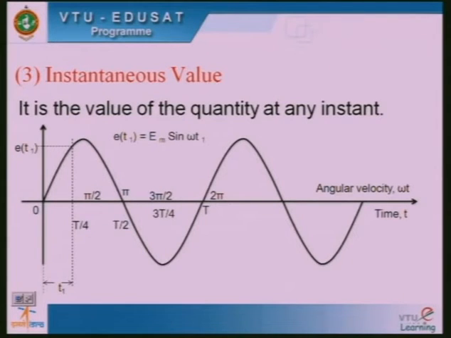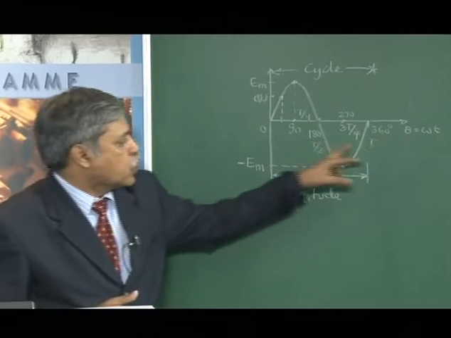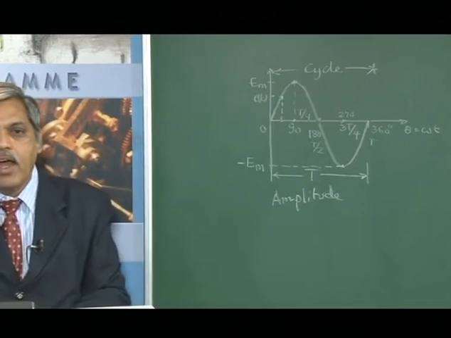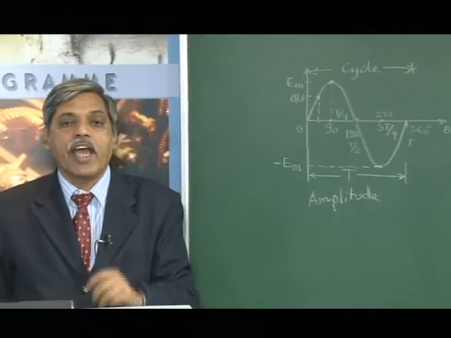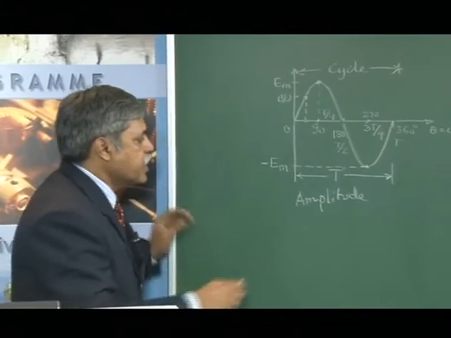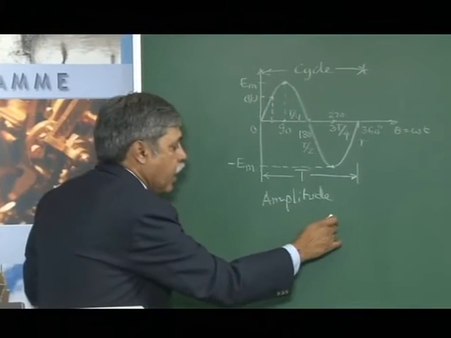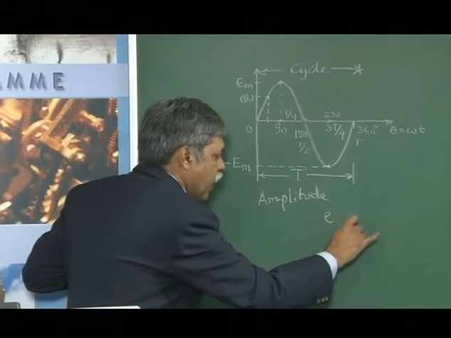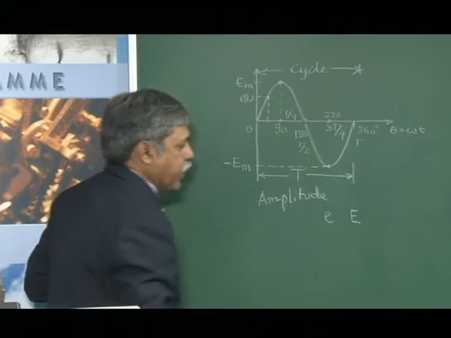And then we have the instantaneous value. Take any time between 0 to T; the value of the signal at that instant we call the instantaneous value. The difference is that the instantaneous value is represented by a lowercase letter, and the maximum value is represented by a capital letter.